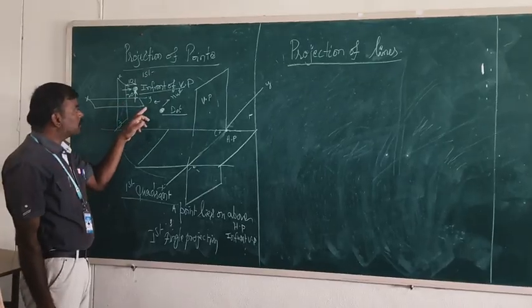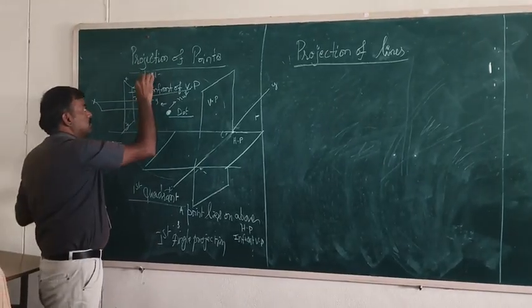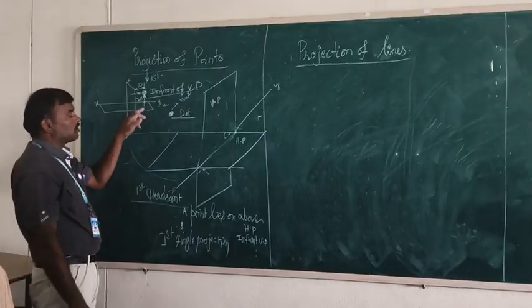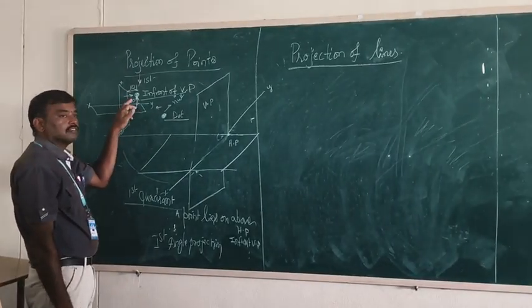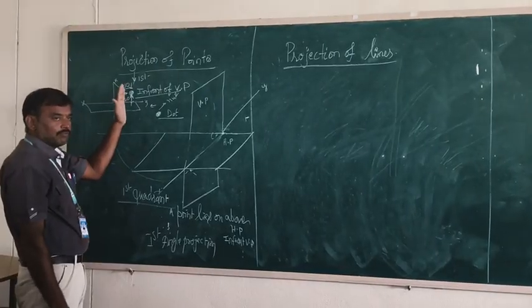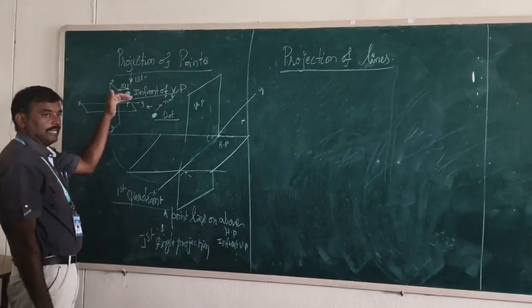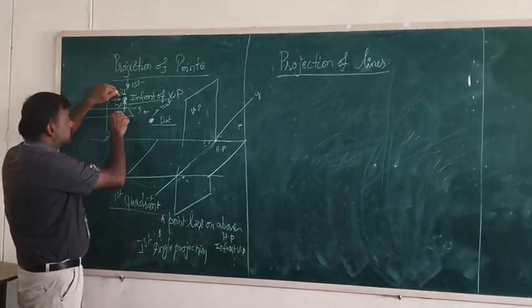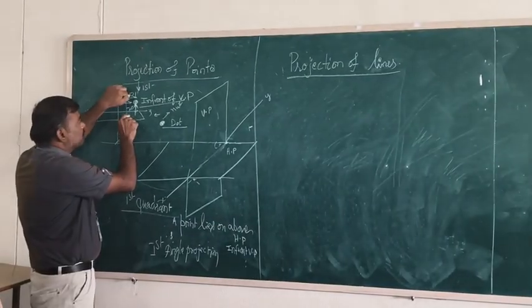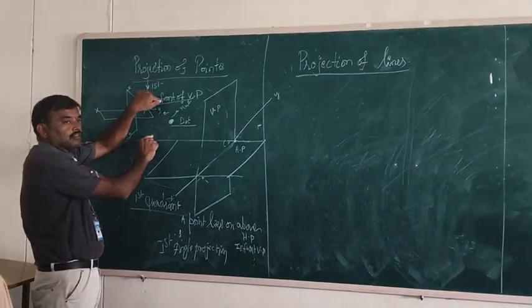Then the observer looks from the top, which is the view above HP, in front of VP. These two planes are visible in first angle direction only.